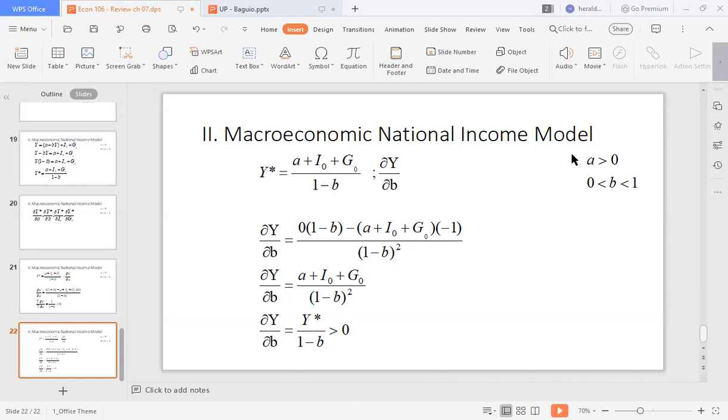And so again, guided by this one here, we know that the values are positive. You have a positive numerator and you also have a positive denominator. So that means that the whole effect is positive.